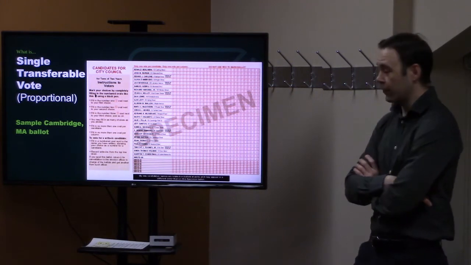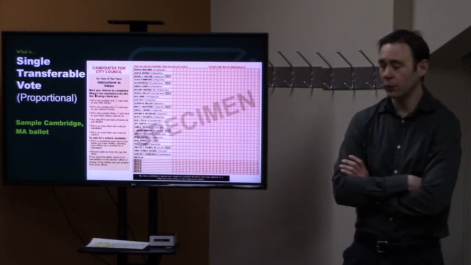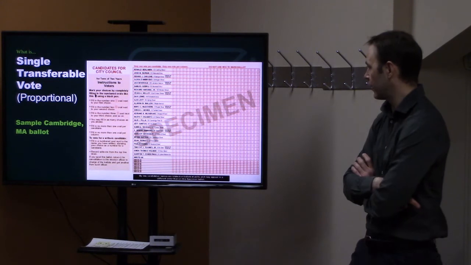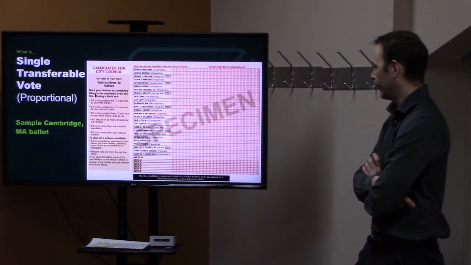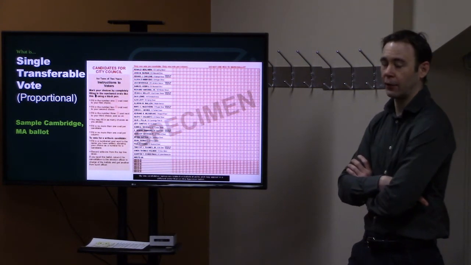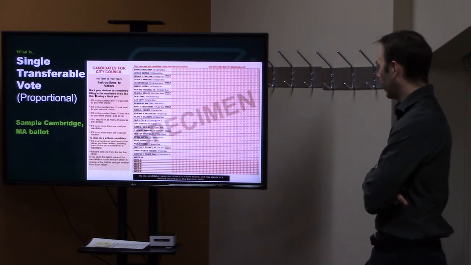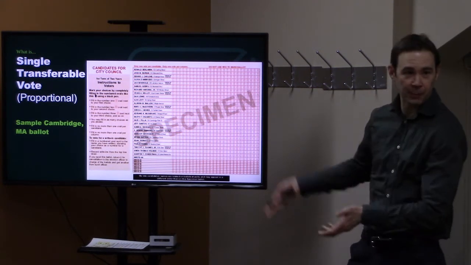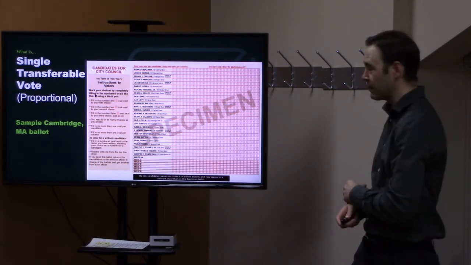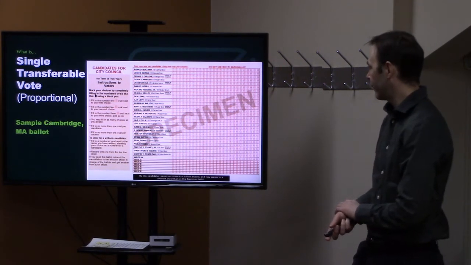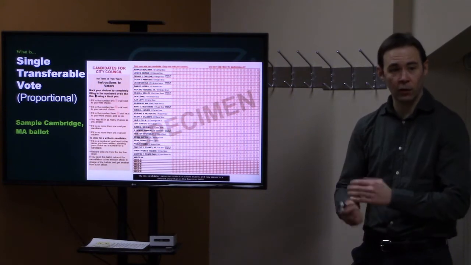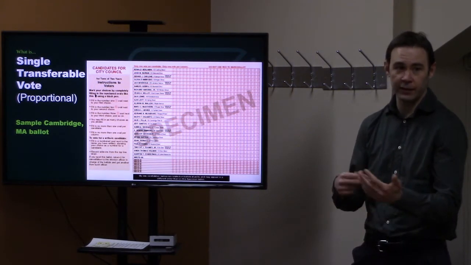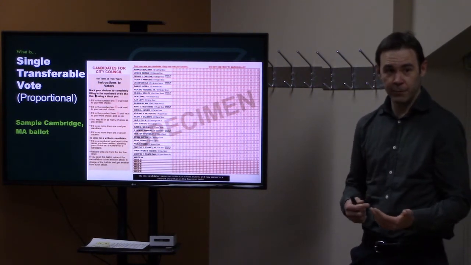So other places besides Cambridge also use single transferable vote. They use it for one of the chambers in Australia as well. And one of the things that they find over there, where they provide lots of opportunity to rank many candidates, is that when you have a long list of candidates and you're asked to rank them, it's a pretty big cognitive burden.